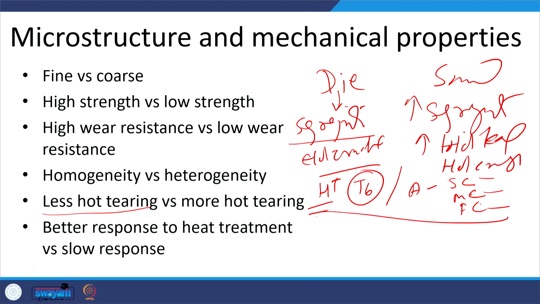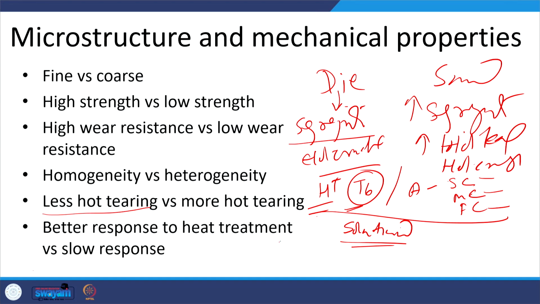In all these cases, what we want is that the material is solutionized and a homogeneous austenitic state is realized, or all alloying elements, precipitates and phases get dissolved, even in the T6 treatment. So we need to heat the material to a high temperature so that a homogeneous solid solution is attained in both cases.